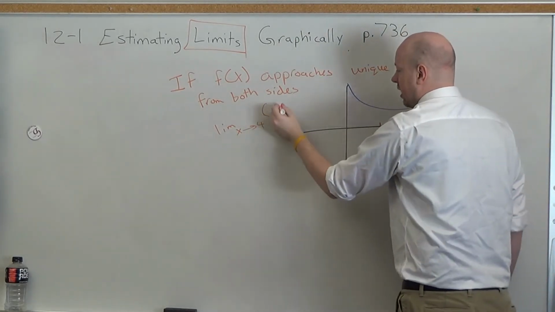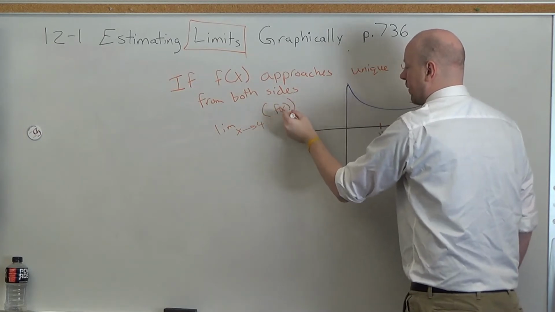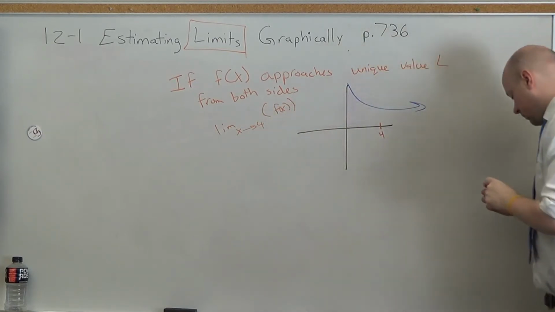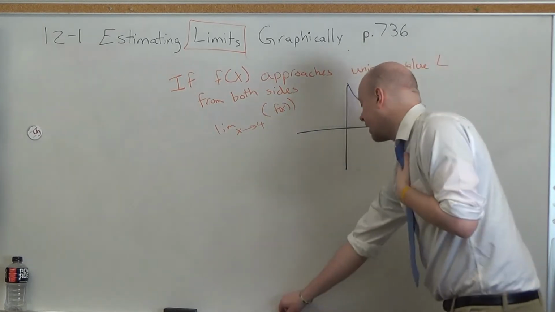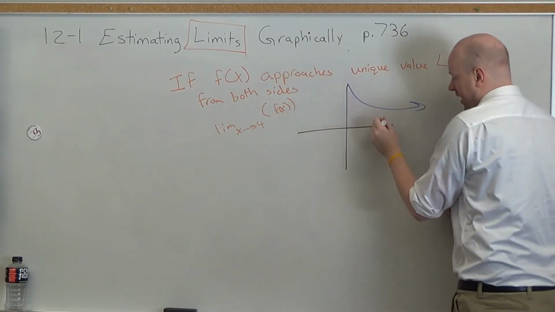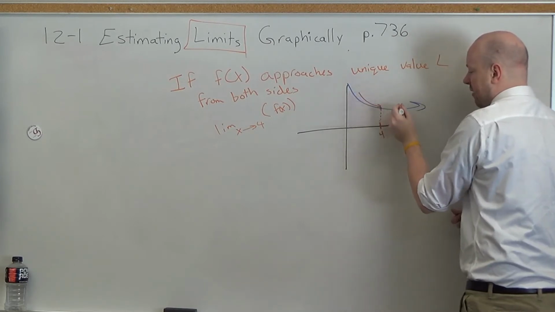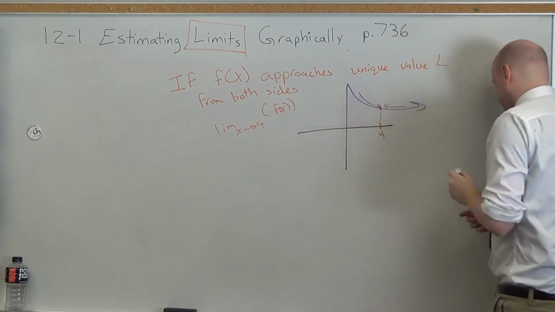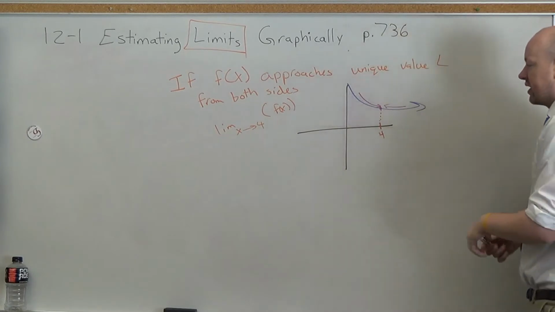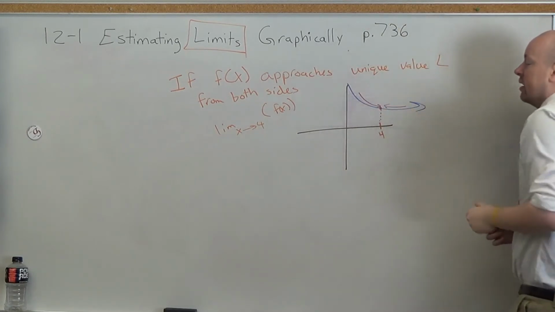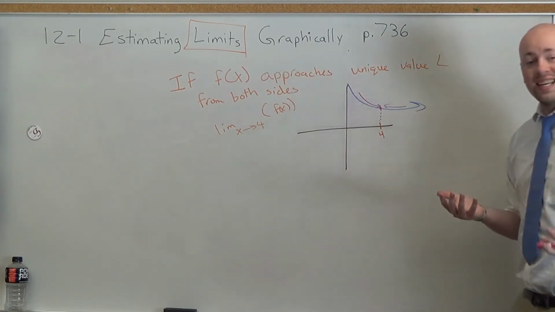Let's just say f of x for now, because I don't know what my equation is. I need to show that whatever my value is, I'm approaching the same value from both the left and the right direction. So in this case I am, therefore my limit would exist.